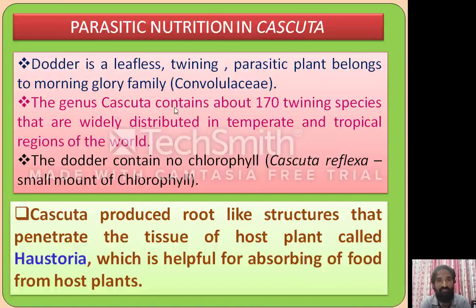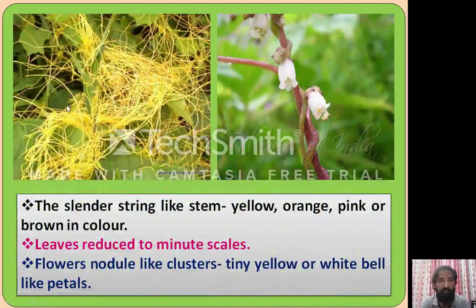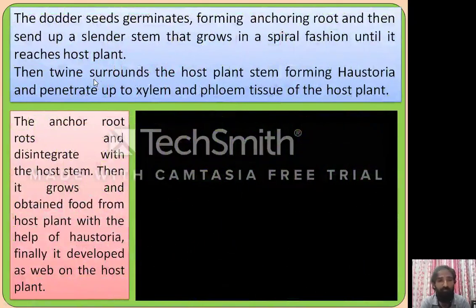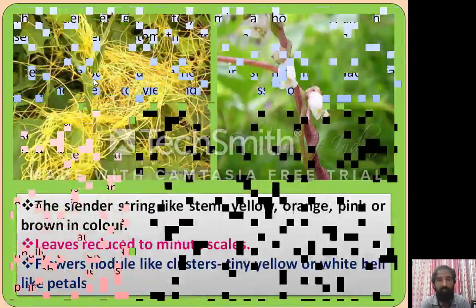The genus Cuscuta has nearly 170 twining species, distributed in the temperate and tropical regions of the world. The dodder contains no chlorophyll, so due to the loss of chlorophyll, they do not prepare food material.